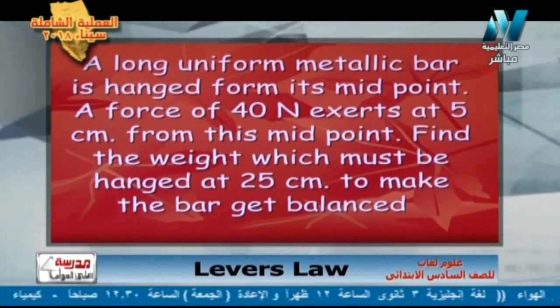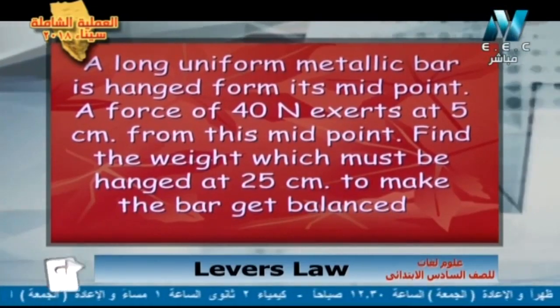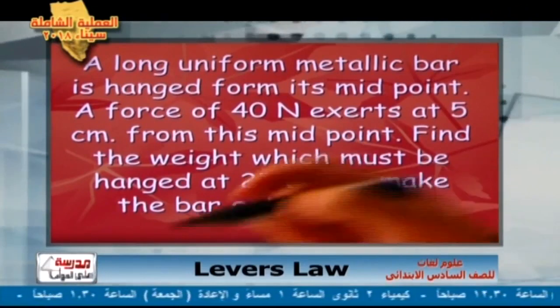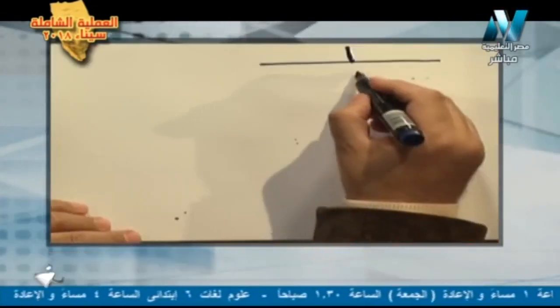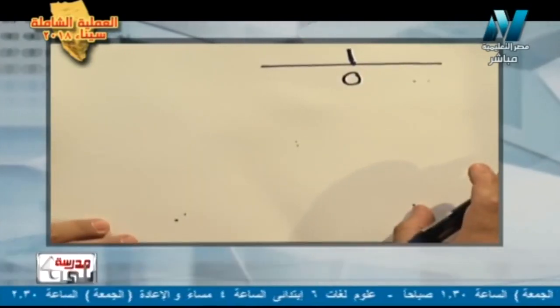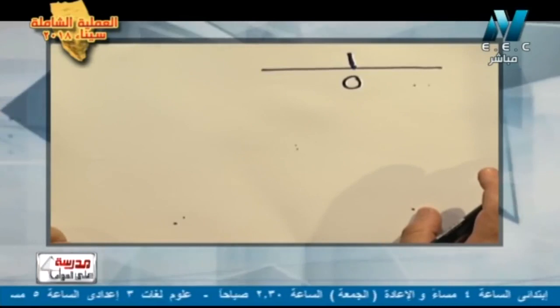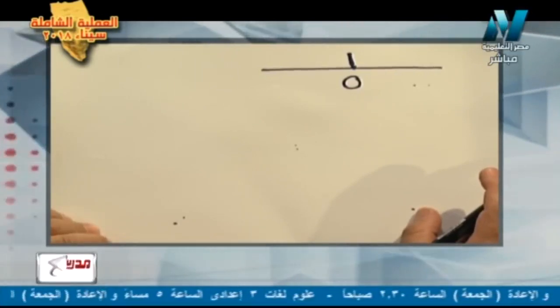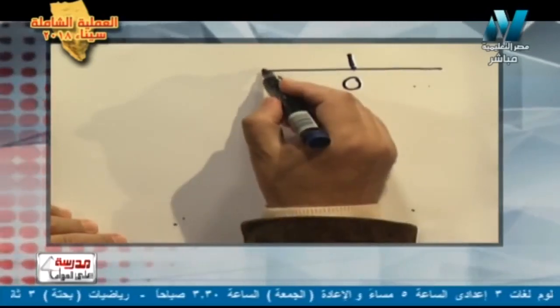So now let me draw this problem. Imagine that I have a long uniform metallic bar hanged from its mid. Of course, I consider this midpoint as the fulcrum.